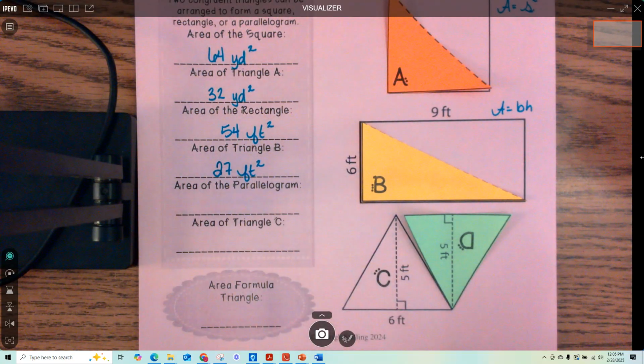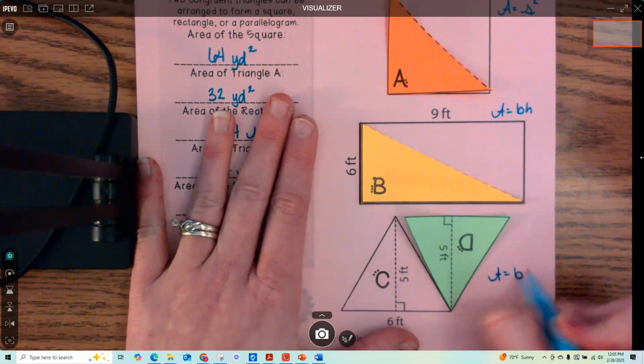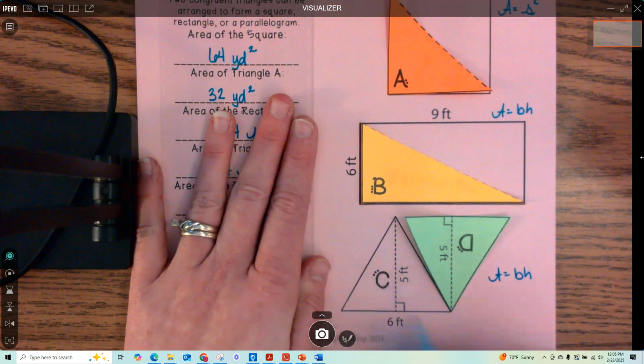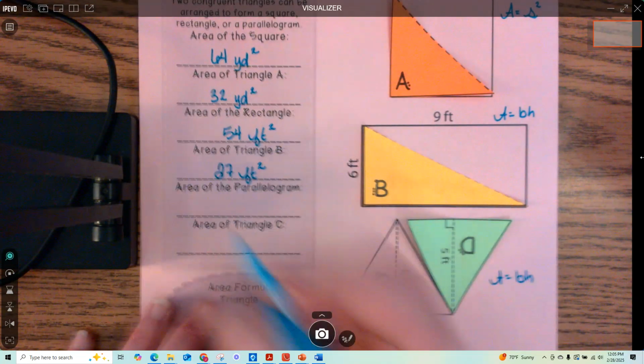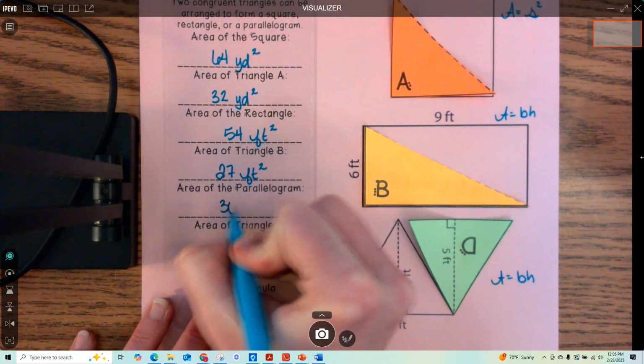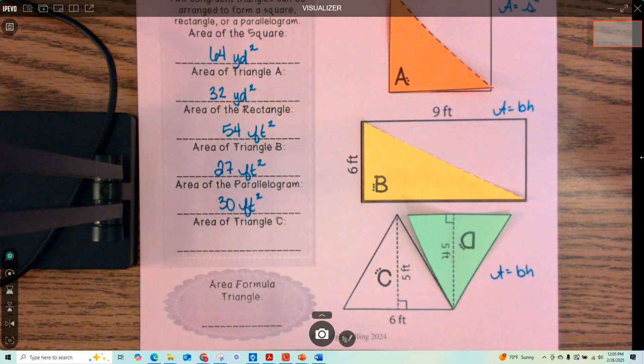How do I find the area of a parallelogram? Base times height. So base is 6, base is still 6. Height is 5. So the area of that parallelogram is 30 feet squared.